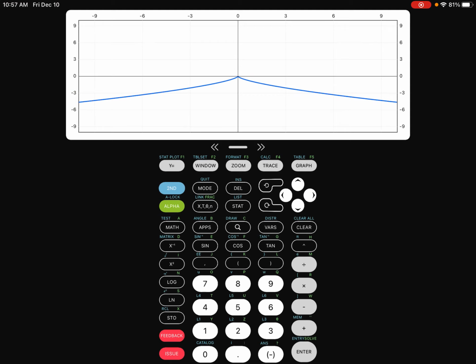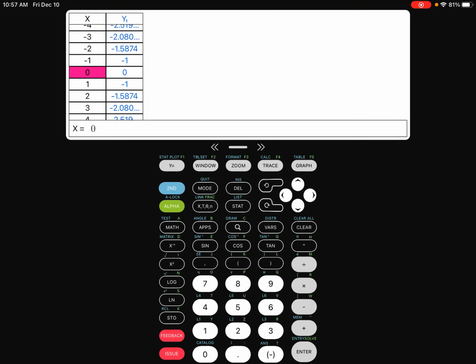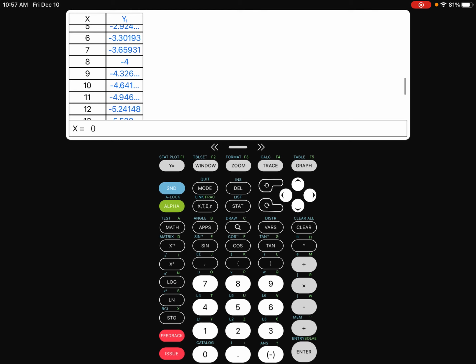And yeah, you see you get this kind of funky thing underneath there that goes up to 0 and down from 0. If you look at your table to get an idea, at -1 and 1, you're at -1. And at 8 and -8, you're at -4.